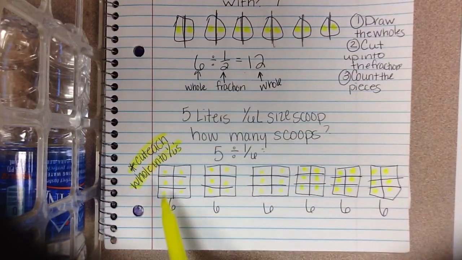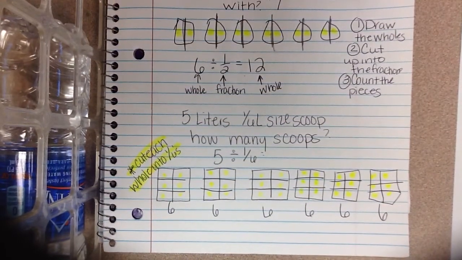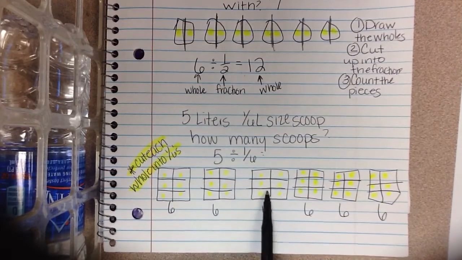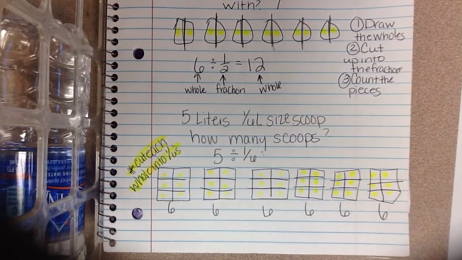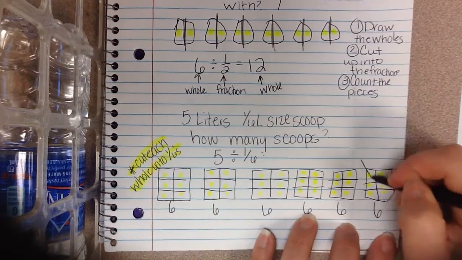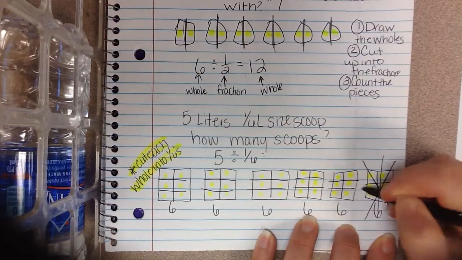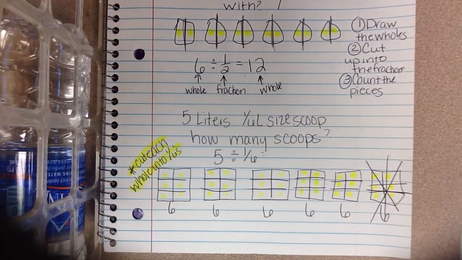So how many do I have? 6, 12. I know my times tables and my multiples, so I can skip count by 6. 6, 12, 18, 24, 30, 36. Have some of you found my mistake? 5 divided by 1/6. I made 6 of them. That's an easy fix, though. Some of you probably were screaming that right from the beginning that you knew I made too many.